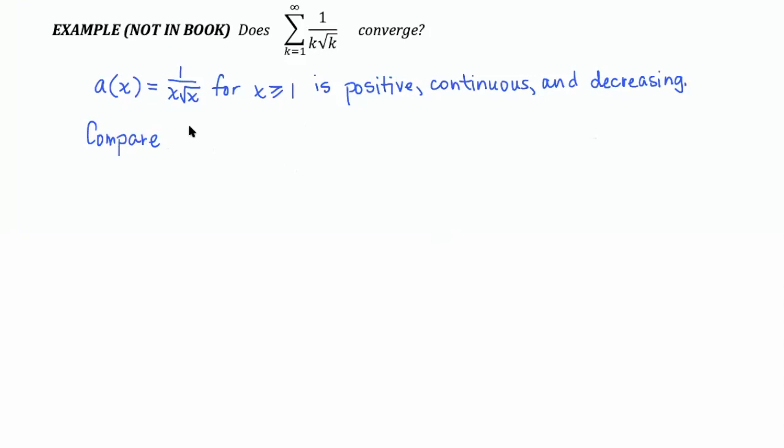In this case, we're going to compare it to the integral from 1 to infinity of 1 over x square root of x dx. And because that's an improper integral, really what we're going to do is take the limit as t approaches infinity of the integral from 1 to t.